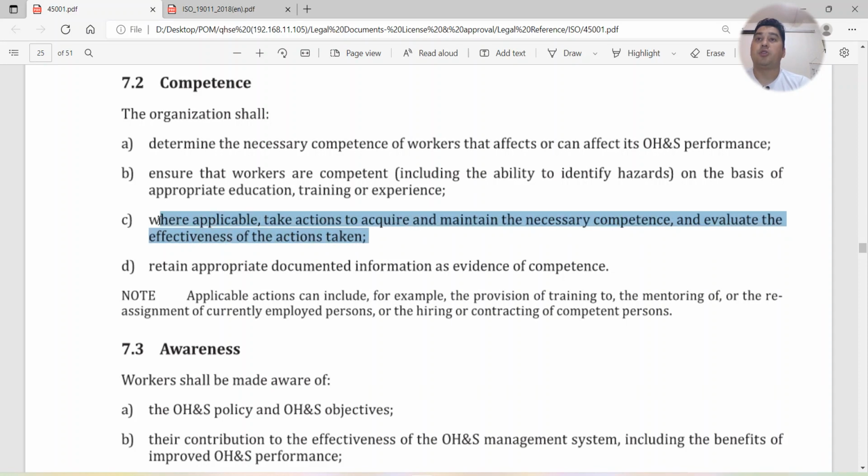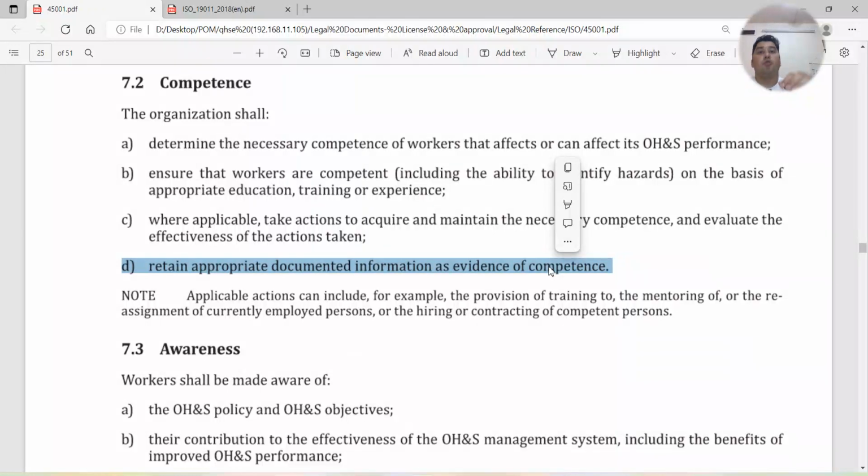So you have to consider education, training, and experience, or any extra training that they require to perform the task safely. Then, where applicable, take actions to acquire and maintain the necessary competence, and evaluate the effectiveness of the actions taken. Where you cannot get the competency through recruitment, you have to take action through on-job training, induction training, TBT, other trainings, or any legal trainings. That competency needs to be maintained to avoid any health and safety risk. Retain appropriate documented information as evidence of competence.